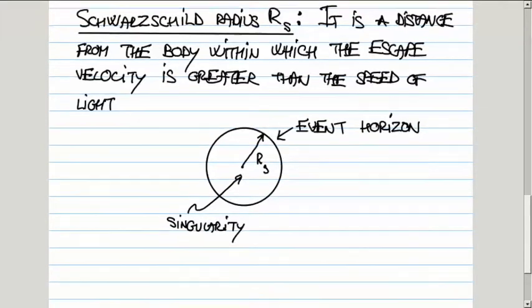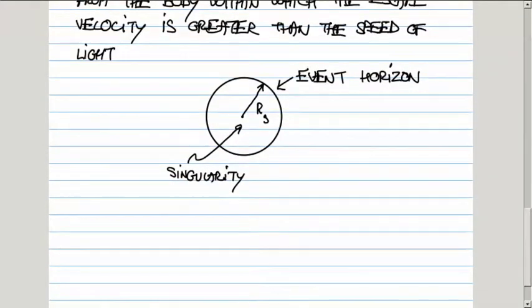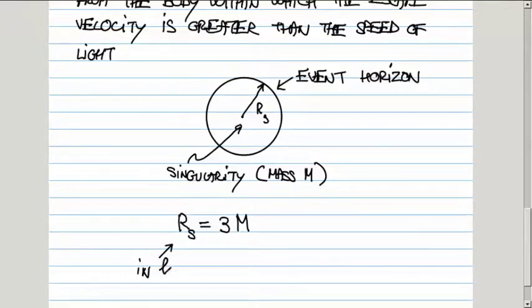Okay? And it turns out one can show that the value of the Schwarzschild radius is related to the mass, m, as 3 times the mass, where the units are such that Rs is expressed in kilometers, and the mass in solar masses.